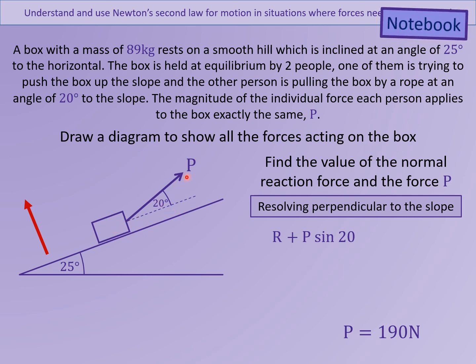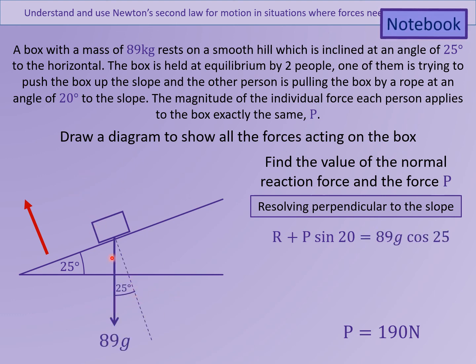So that's P sine 20. What else is acting perpendicular to the slope? Oh, there was gravity as well, wasn't there? So the weight of the box due to gravity. It's this part just here, and that is your 89g cos 25, because it's connected to it, so it's cos 25 there.